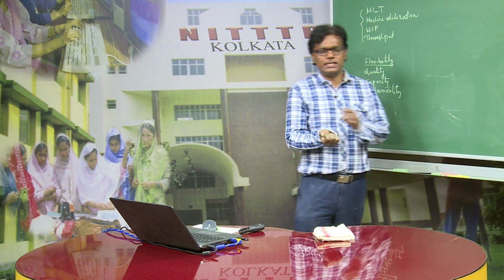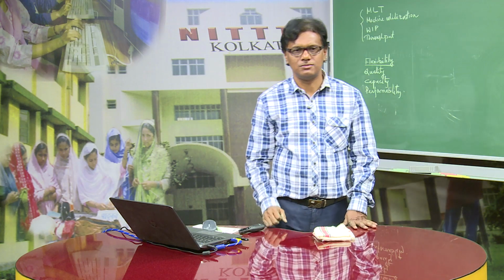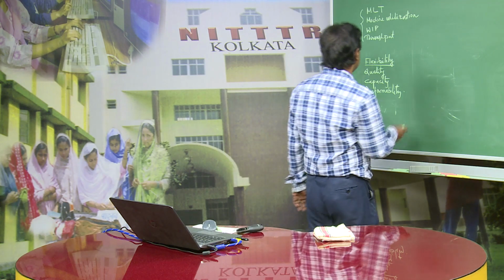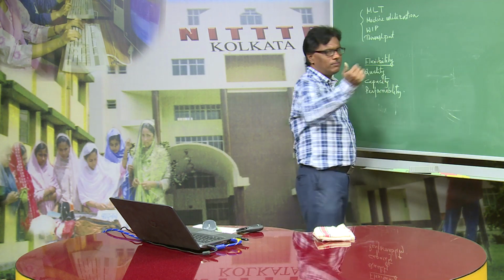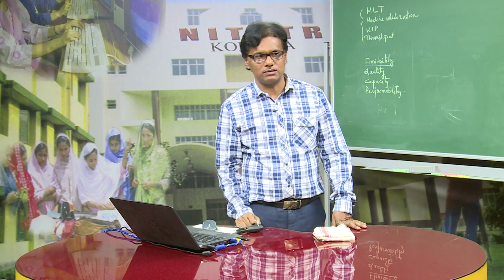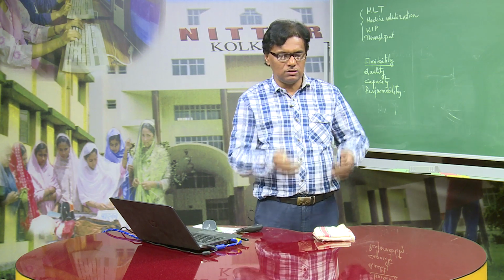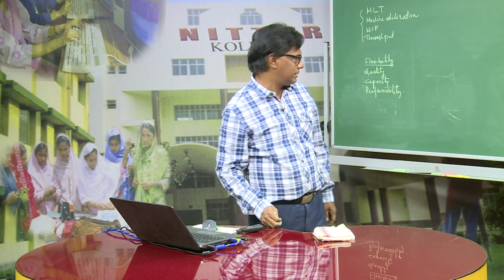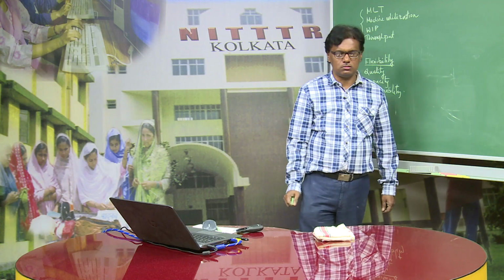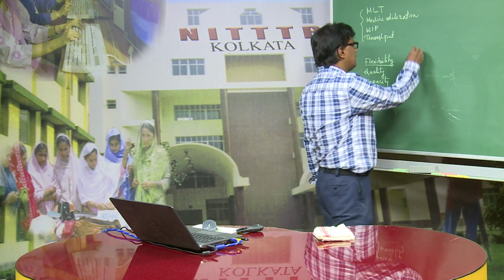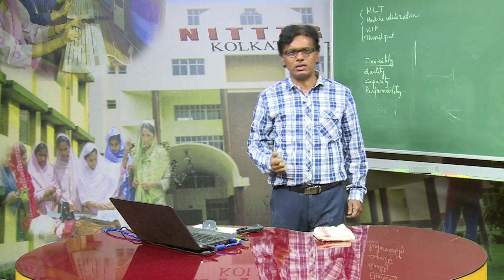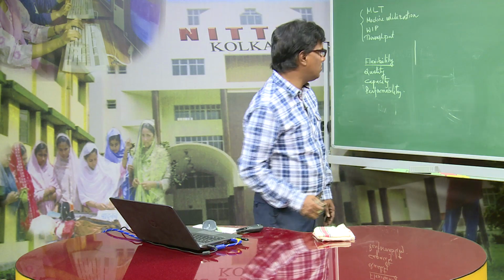The simplest definition of flexibility is variability. If I observe the market, today's market is changing very fast. That means, if this product is now functional in the market, this product may be obsolete within a very short time.